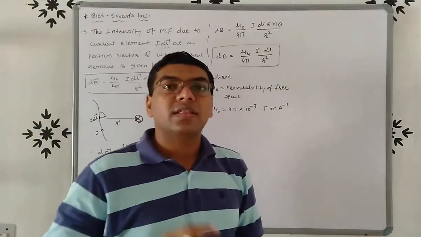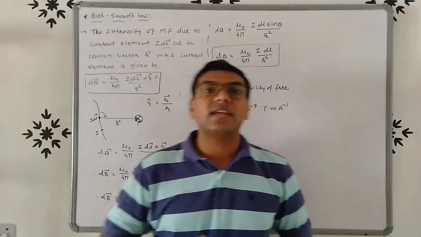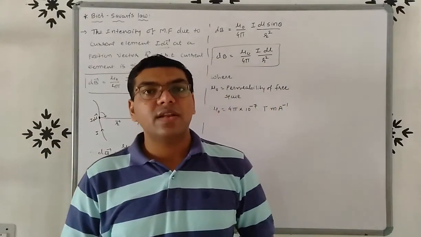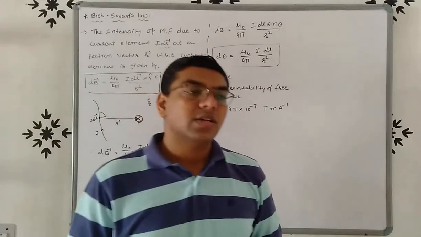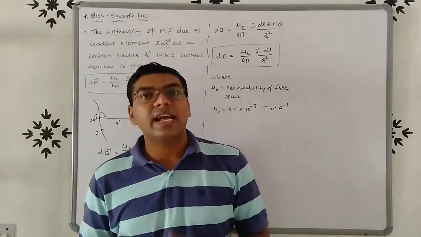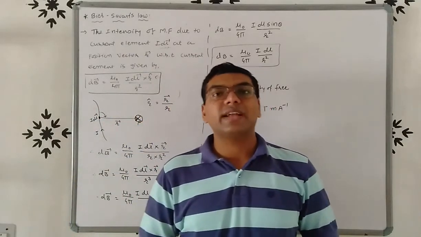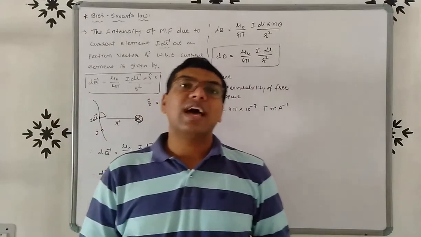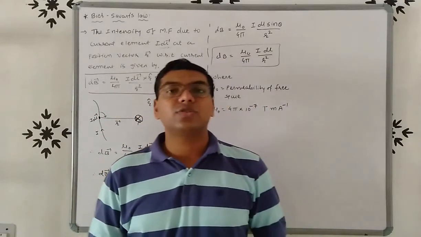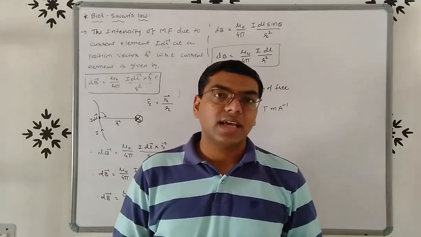So there is an inverse square dependence in both fields, electric and magnetic. So we can say that electric and magnetic fields are both inversely proportional to the square of the distance, right?